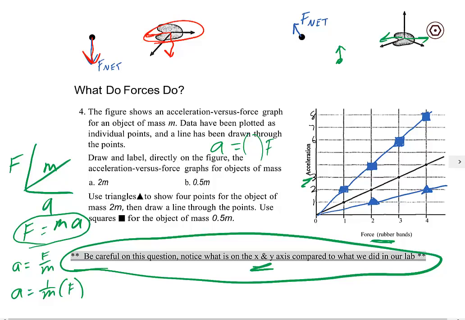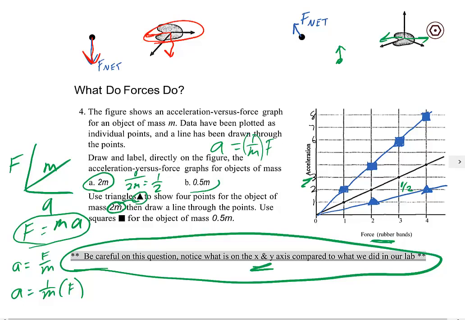So 1 over m is the slope, which means if I have a mass of 2m, I really need to graph 1 over 2m, which means I need a slope of a half. And that's why my triangles that represent 2m have this slope of 1/2.